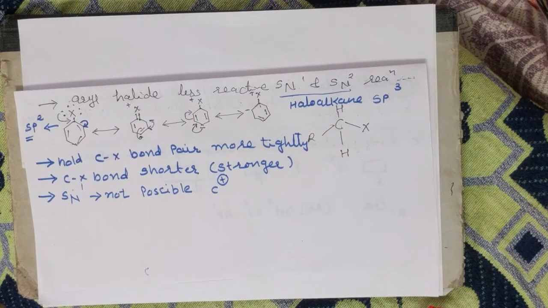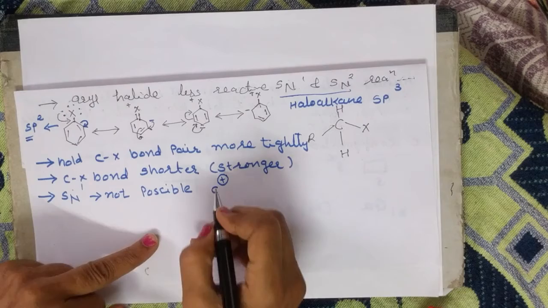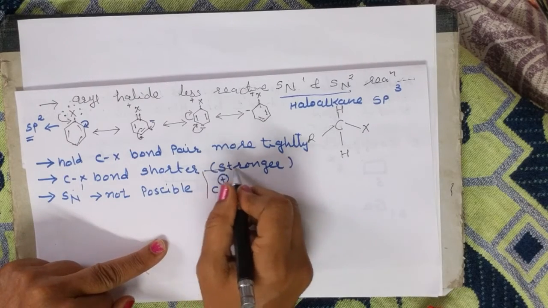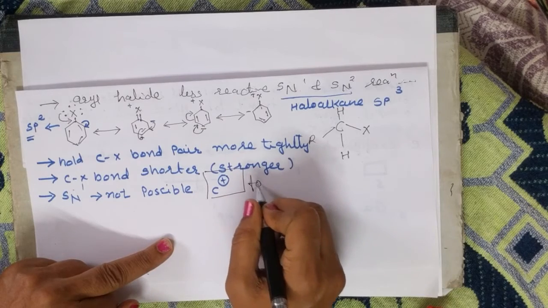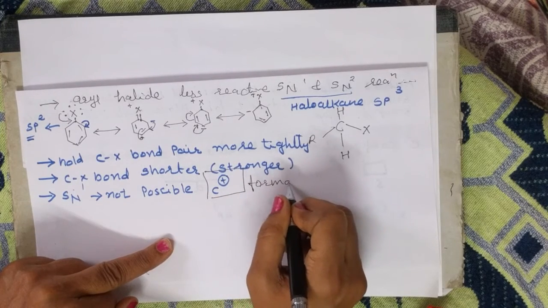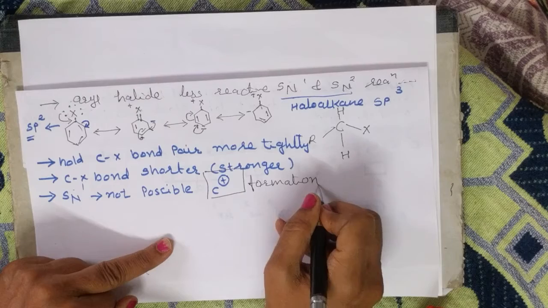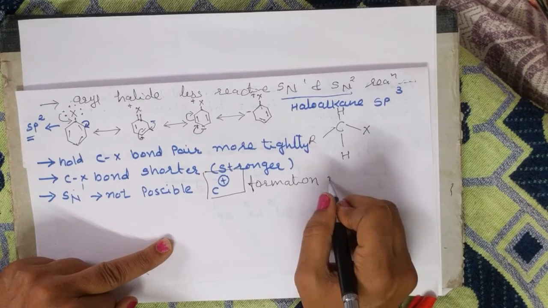So the reaction of haloarene by SN1 mechanism is not possible, because carbocation formation for SN1 is a must.